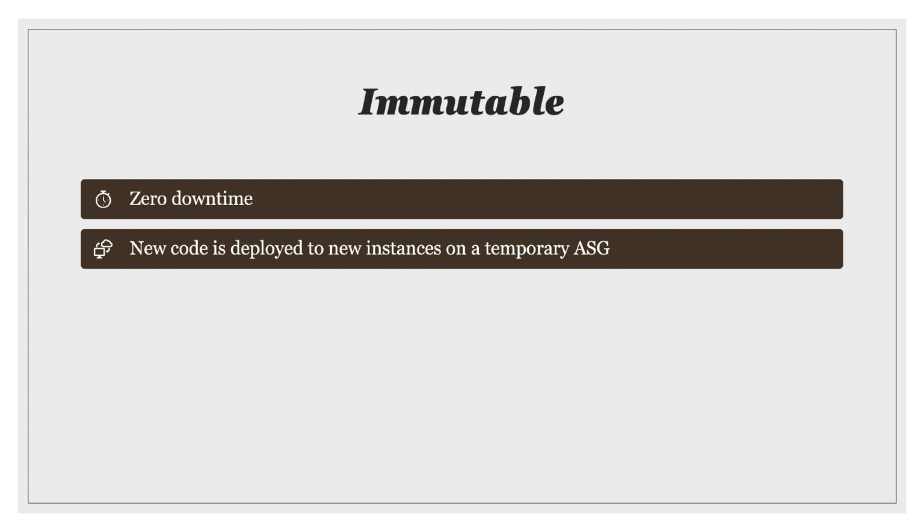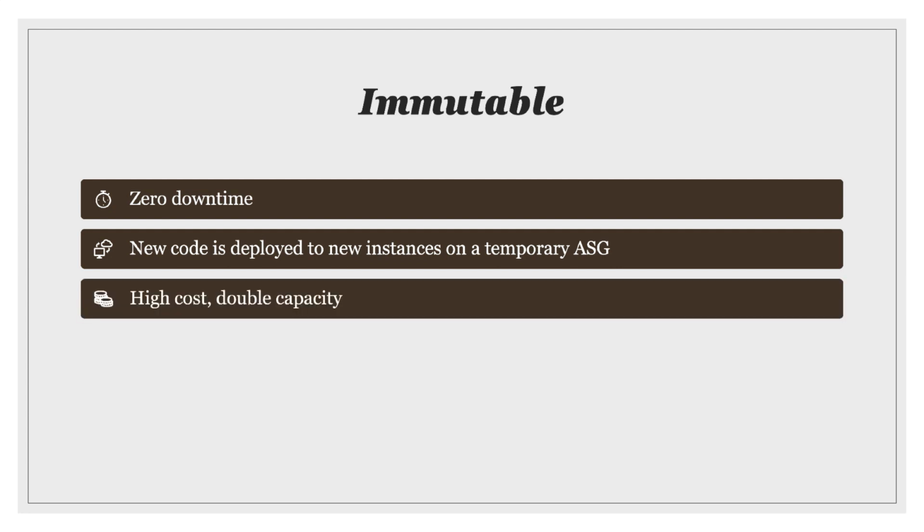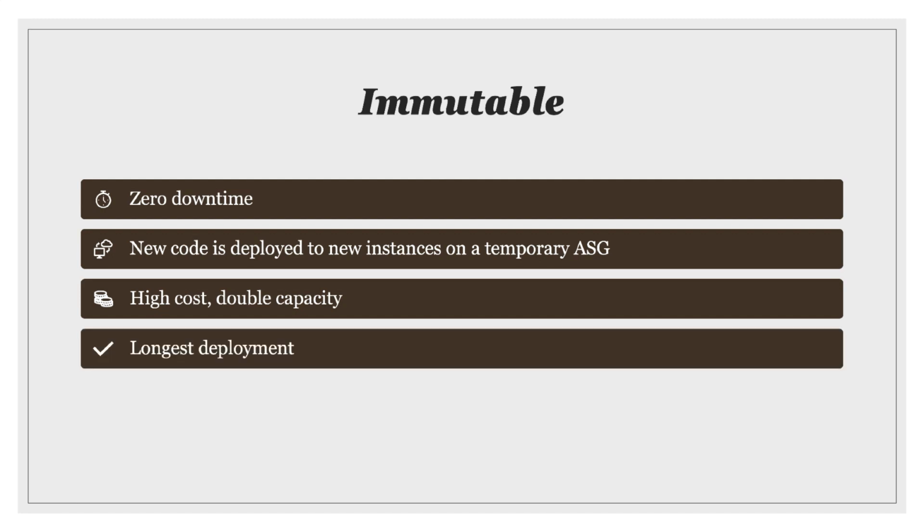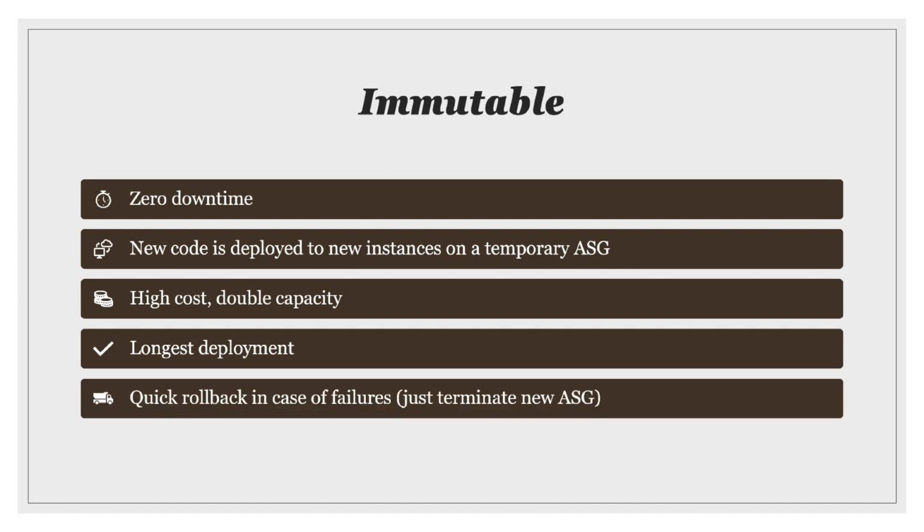Let's see the features right now. It has 0 downtime. New code is deployed to new instances on a temporary auto-scaling group. This has a high cost because you go with double capacity, because you are increasing the number of instances. This has the longest deployment, but the benefit that you get from this deployment policy is that you get a quick rollback in case of failures.